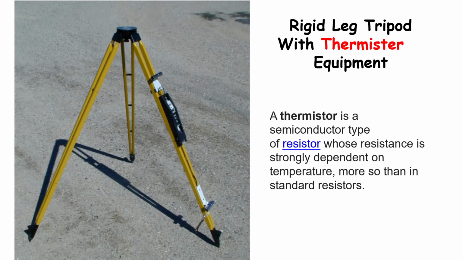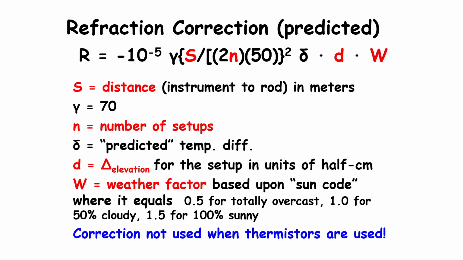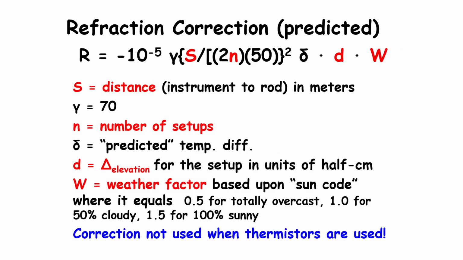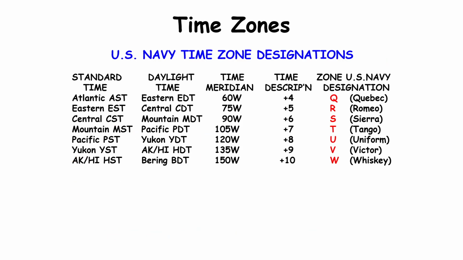Here you can see a rigid leg tripod with thermistor equipment. A thermistor is a semiconductor type of resistor whose resistance is strongly dependent on temperature, more so than in standard resistors. Here you can see a refraction correction predicted because of temperature measurement.